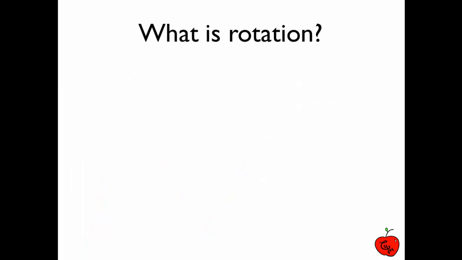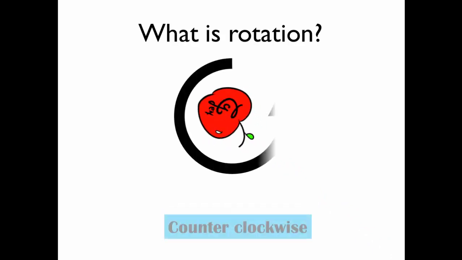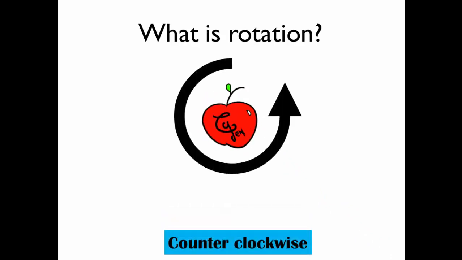Basically, rotating an object or figure. So in this section, we will be talking about rotating an object or a figure. Let's take my red apple here for example. When I rotate this apple in this direction, I would call it counterclockwise. Do you see the word clock in clockwise? Let's take out our clock.